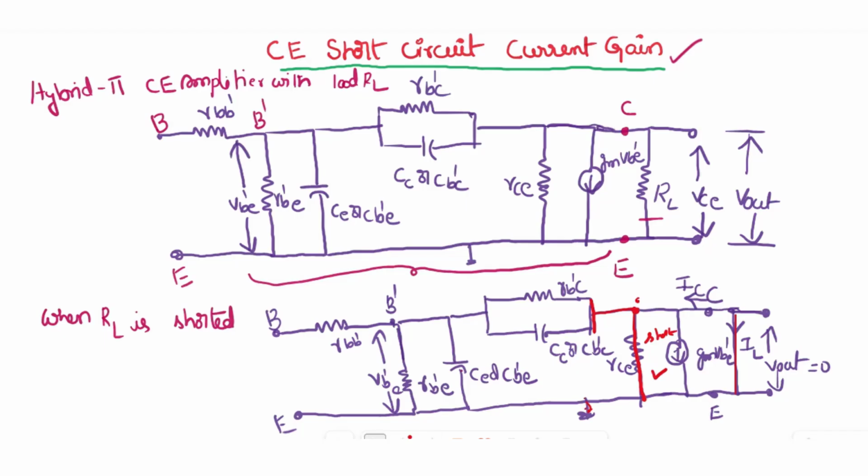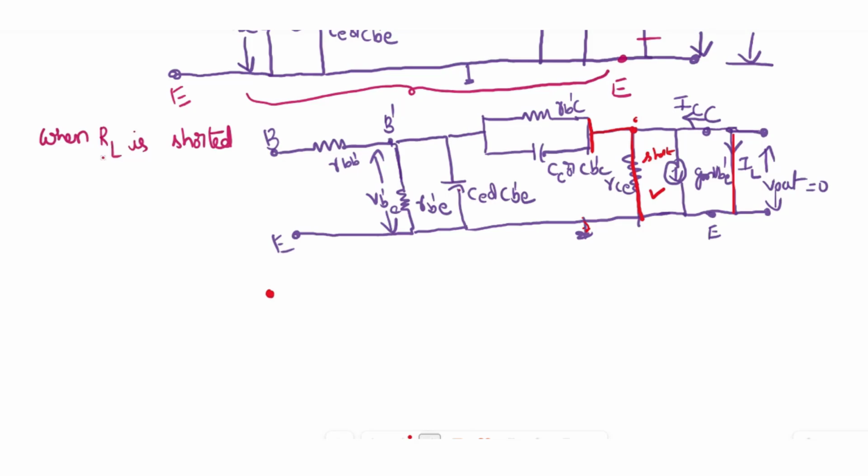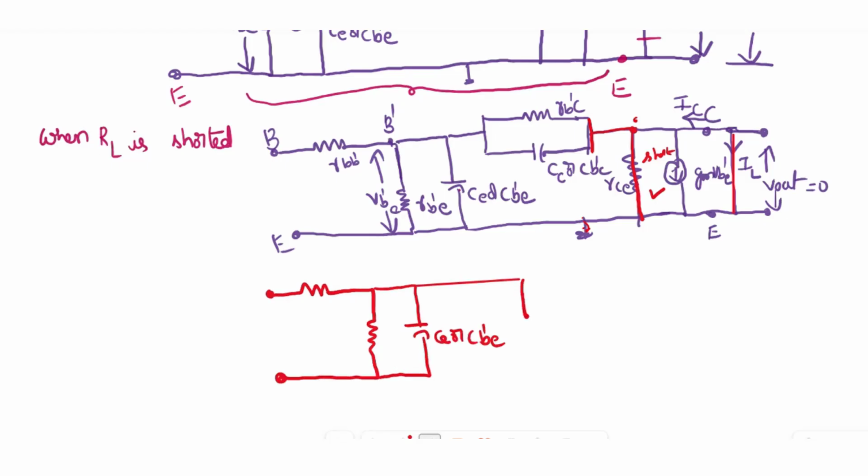Okay. I'll draw the circuit. This is grounded and this is also grounded. What is this? This is CC or CB'C. This is RB'C.